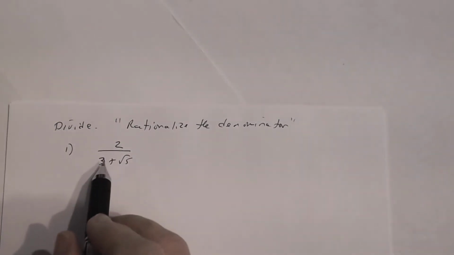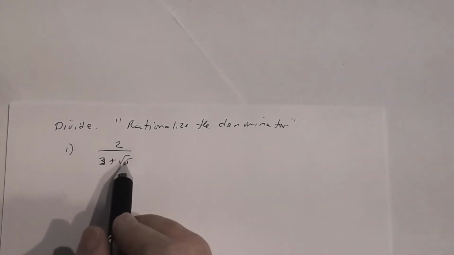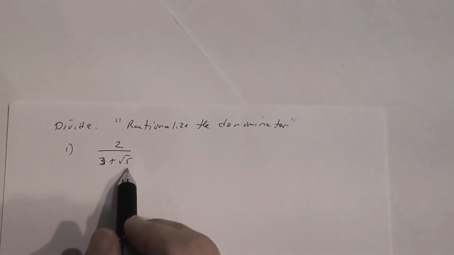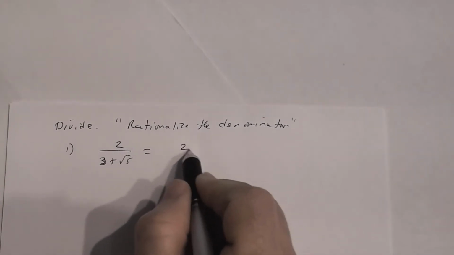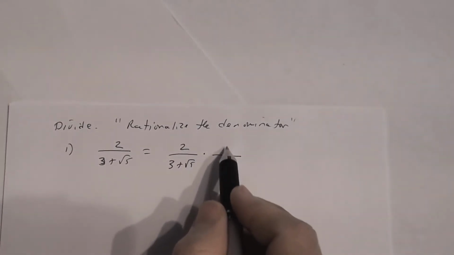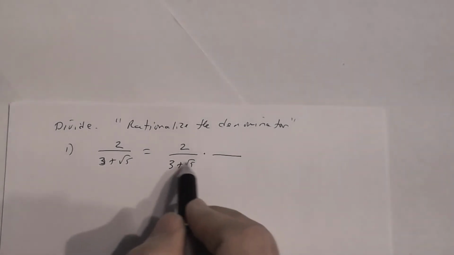You have to know that since this denominator contains 2 terms, and one of them is a square root, the way we need to approach this is to multiply the numerator and the denominator by the conjugate of the denominator. I'm going to rewrite this over.